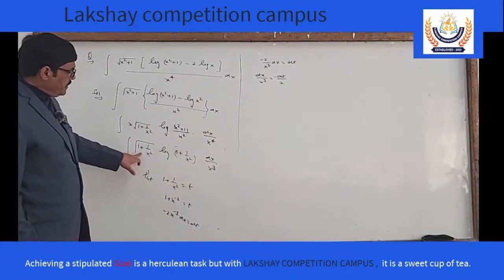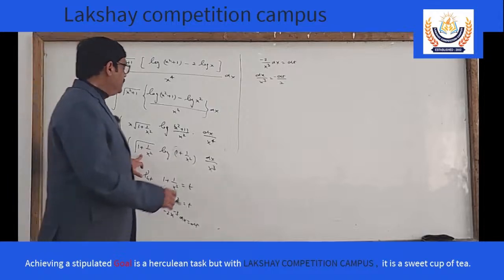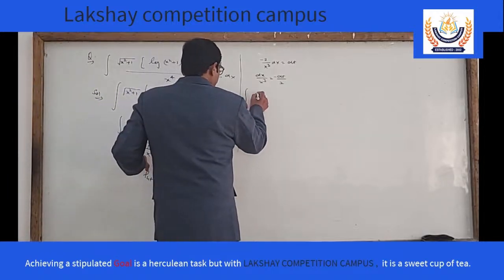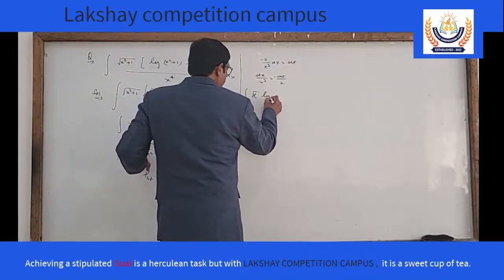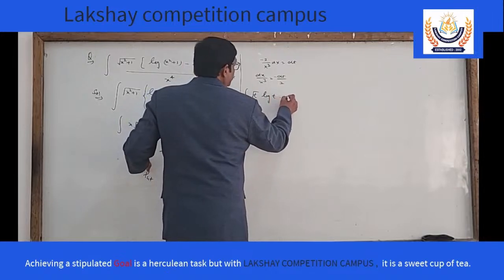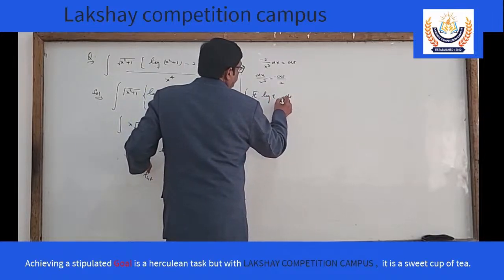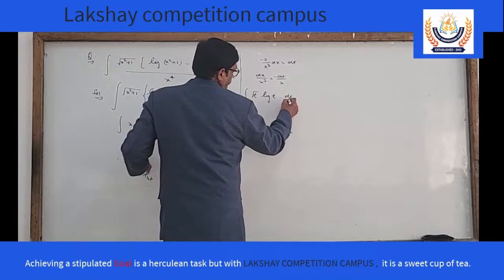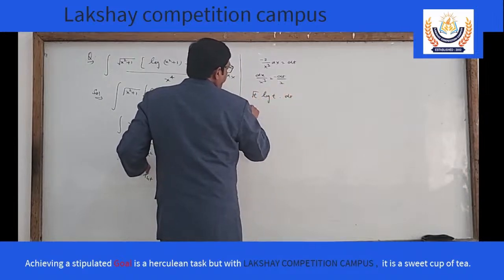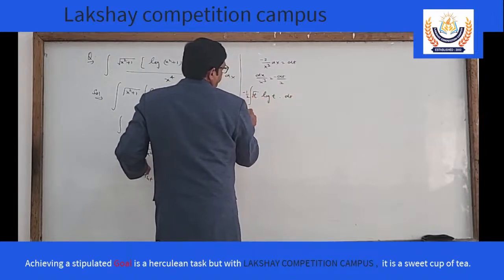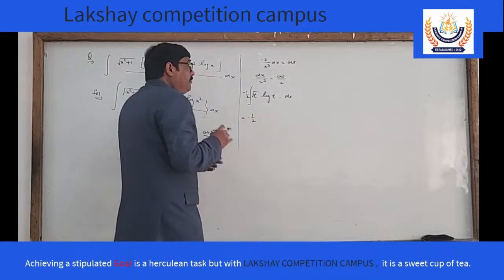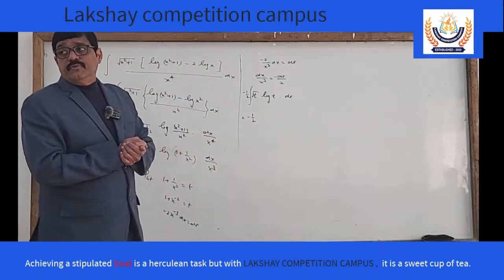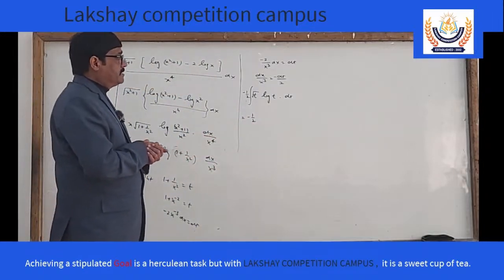So that I assume here as t. It becomes under root t log t, and that is dt by minus 2. Minus 1 by 2, you can write it down. And now we apply u into v, integration by parts.